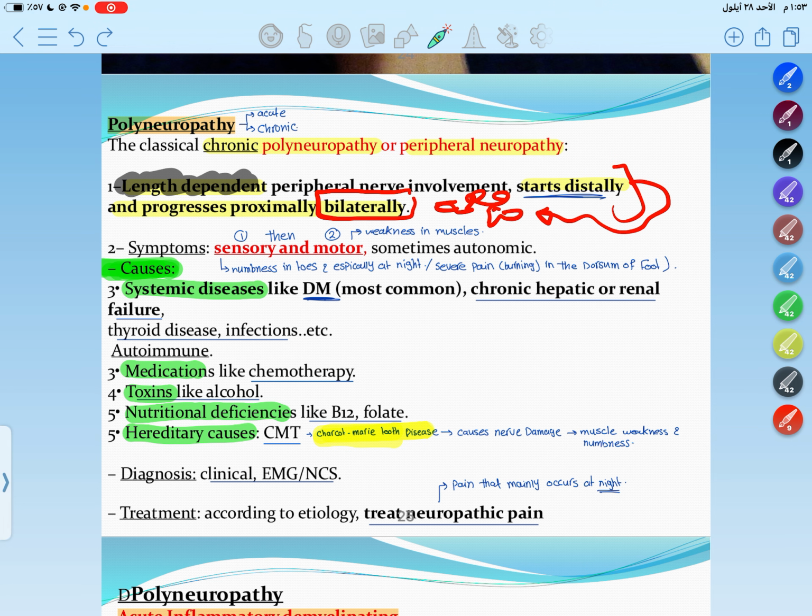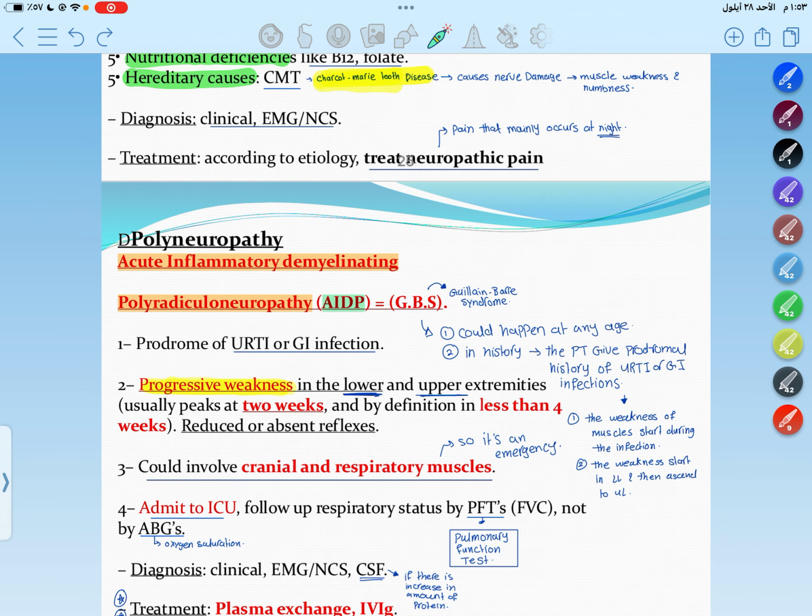Okay, here is a very important topic. We finished the chronic. Now this is the acute. Acute inflammatory demyelinating polyradiculoneuropathy, AIDP, or Guillain-Barré syndrome. It's a medical emergency. Medical emergency, very important.